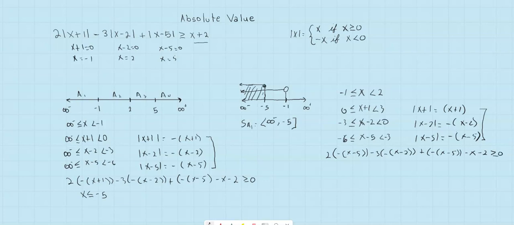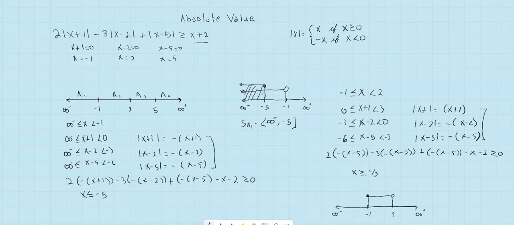And if you solve this equation right here, you're going to get that x is greater than or equal to 1/3. And if you want to graph this, you can do it like this: negative infinity, positive infinity, and your first value is between negative 1 and 2. So you get negative 1 and 2. Negative 1 is included because it says greater than or equal, but your 2 is not included.